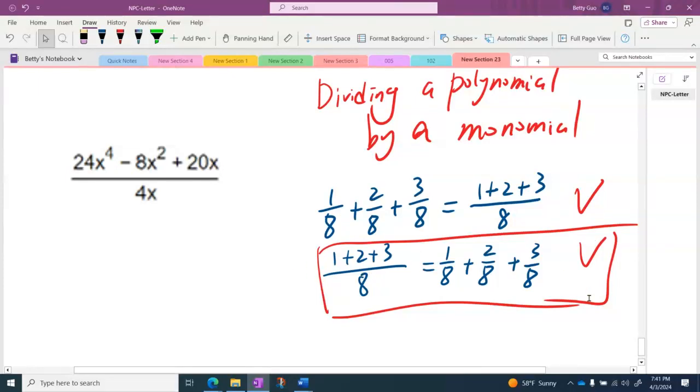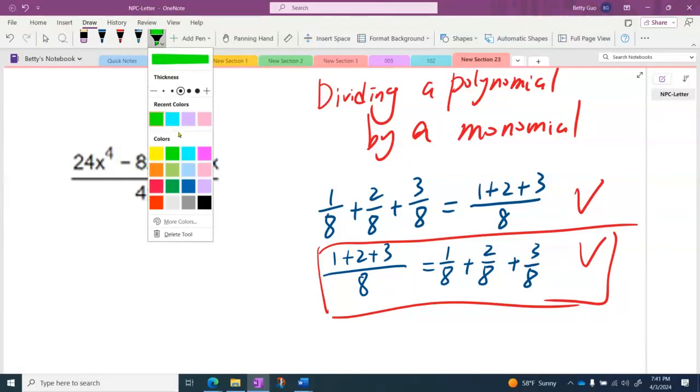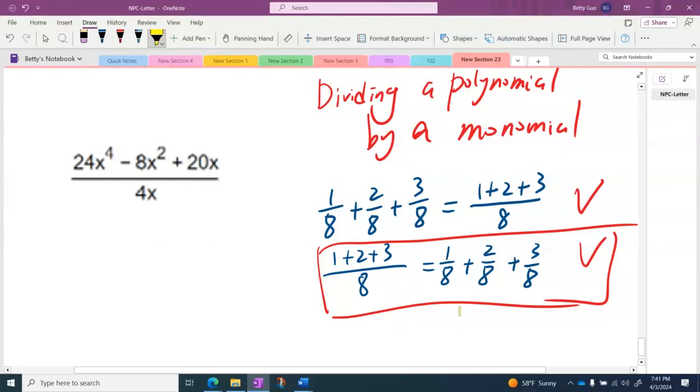So here, how do I understand this rule? When we have 3 terms on the top, term 1, term 2, term 3, and 1 term on the bottom, we are able to write that division as an addition.